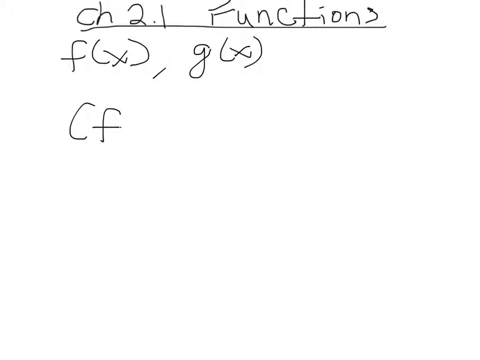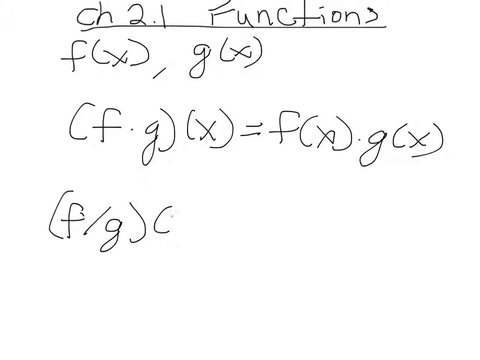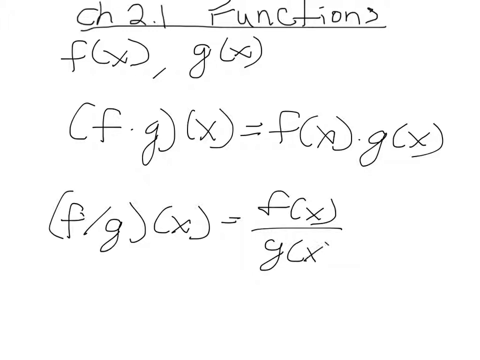If you see f times g of x, that means f of x times g of x. And if you see f divided by g of x, it's the same thing as f of x over g of x, so you just divide the two functions.